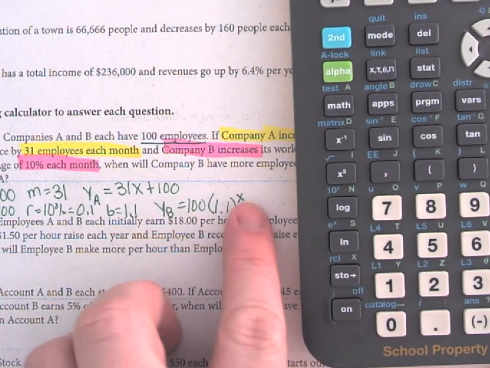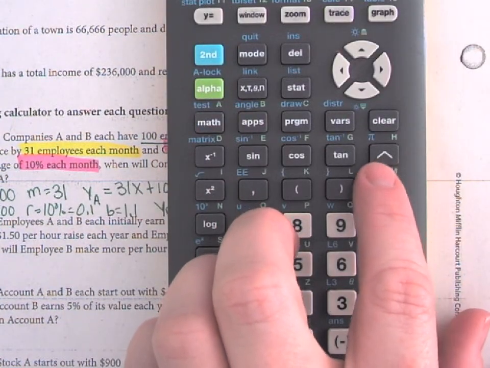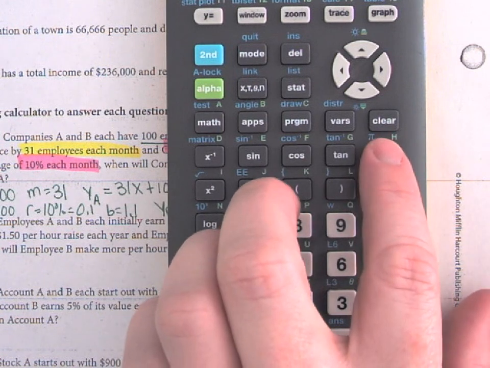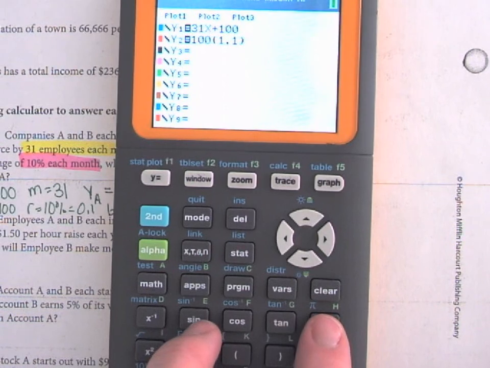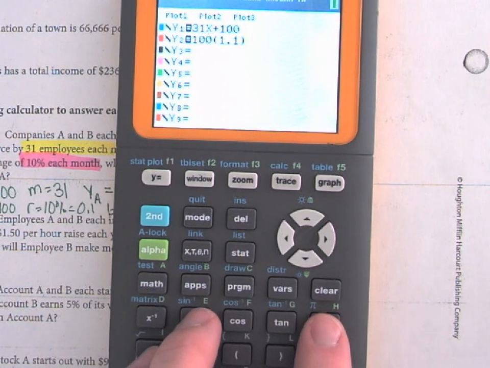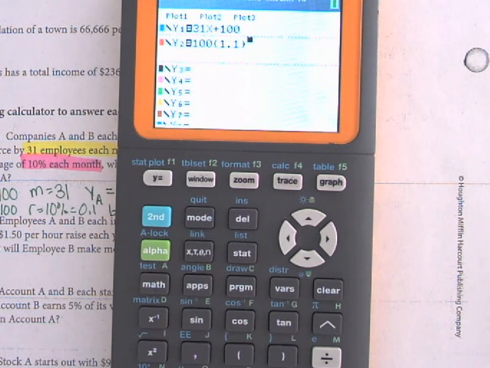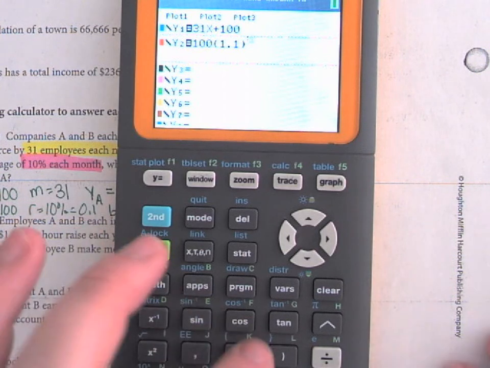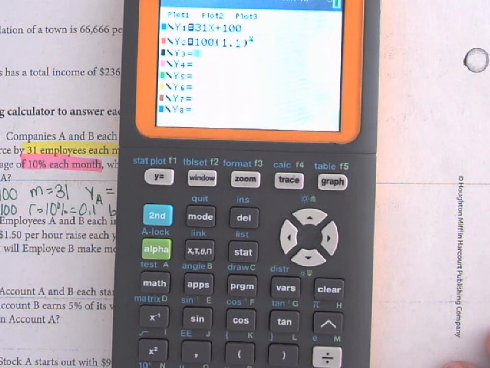Now, in order to put the x in the exponent, I'm going to use what's called the caret button, which looks like an upside down V. What that's going to do is take the cursor from the standard line and put it in the exponent. So see how now my cursor is blinking in the exponent. And then I'm going to put my x in there again using the x next to the alpha button and hit enter. So now I have my two functions.